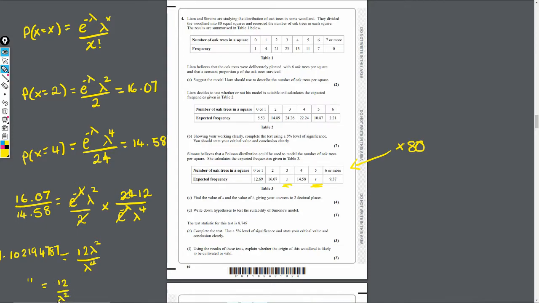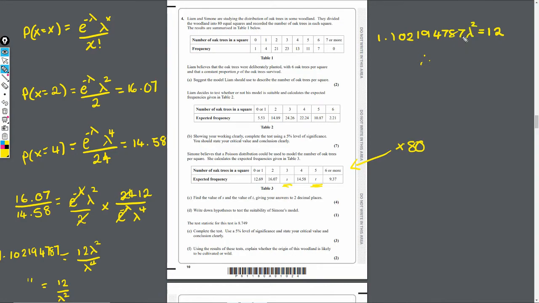So now I'm going to times this across by lambda squared. If I do it up here, I'm going to get 1.102787 lambda squared is equal to 12. So now you've just got to divide 12 by this, and then we need to square root it because this is lambda squared.